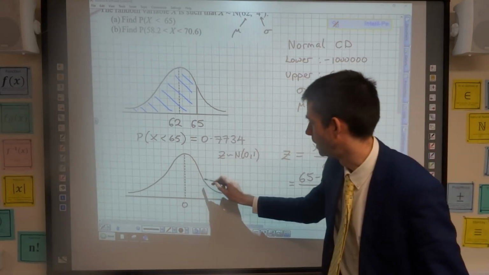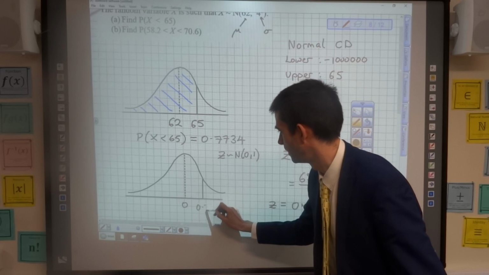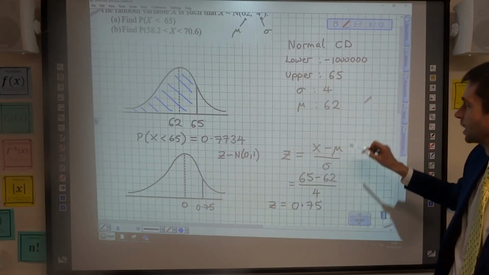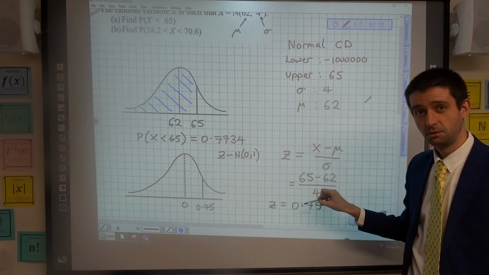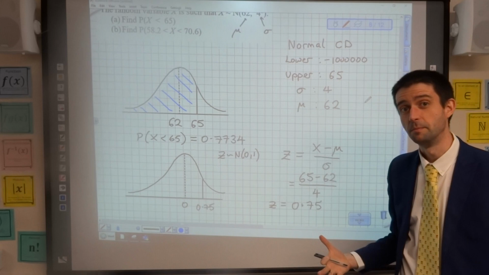So if I pop a line in here at 0.75, what that's saying is that 65 is 0.75 or 3/4 of a standard deviation above the mean.